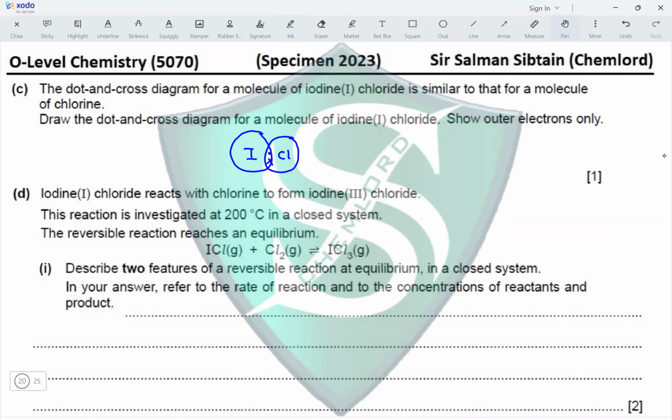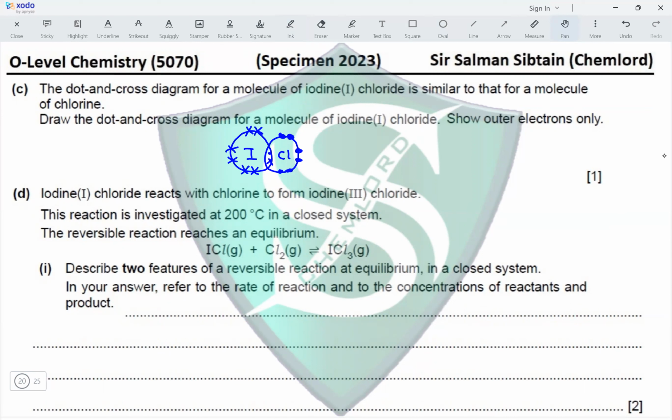If we represent the atoms of iodine with crosses, we include 1, 2, 3, 4, 5, 6 electrons of iodine, and we have represented chlorine with a circle, or a dot. So 1, 2, 3, 4, 5, 6. These are the six other electrons of chlorine in its outermost shell. So this is the dot and cross diagram of iodine monochloride.